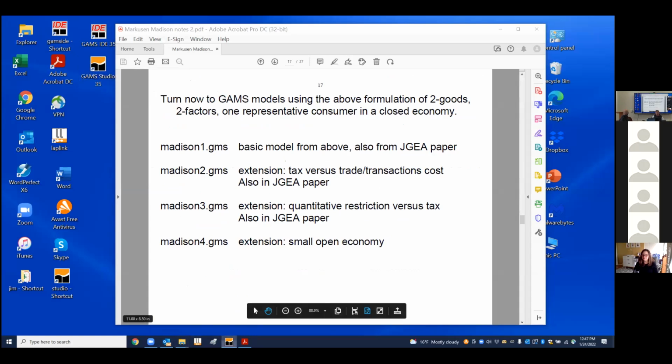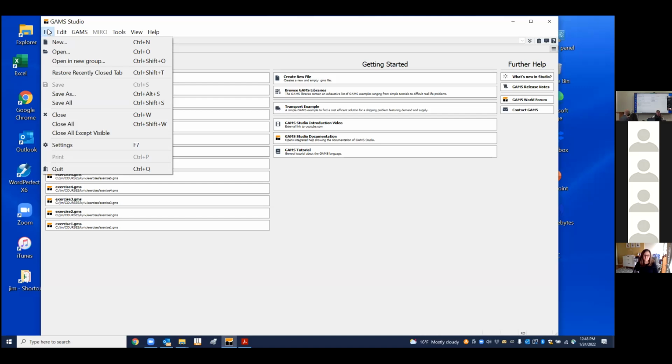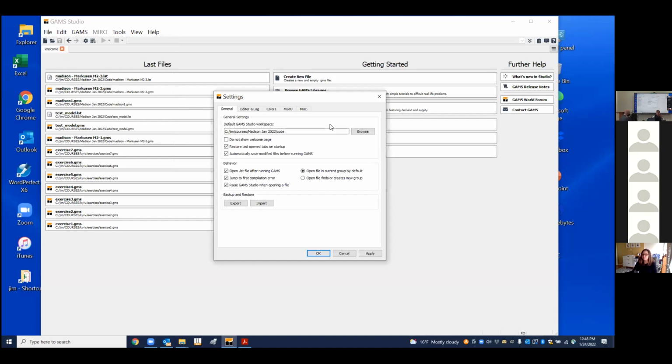Oh, it's already open. One thing that really confused me about GAMS Studio: when you want to open a file, it'll open to the directory you have your stuff in, or you can use File, Settings, and specify the default directory if you want to stay in some directory.